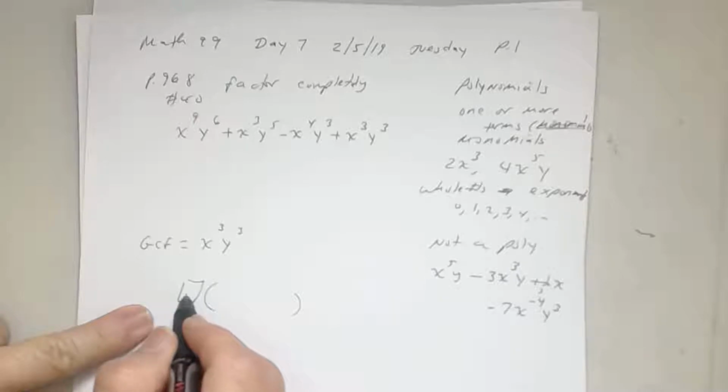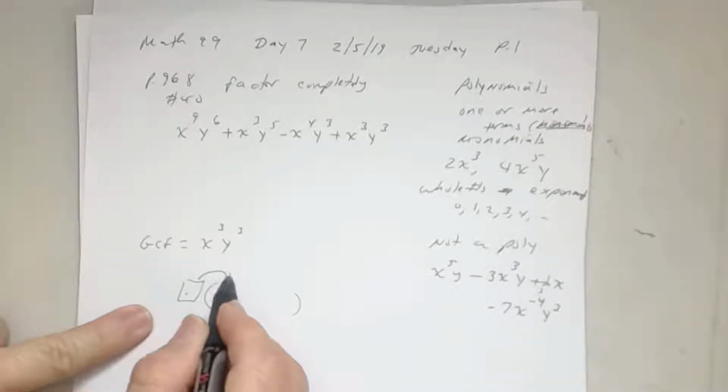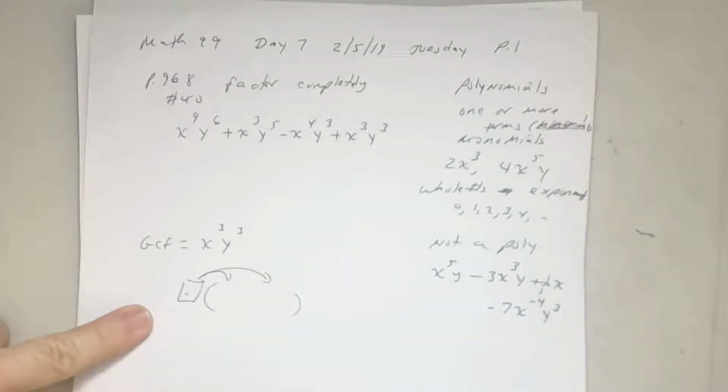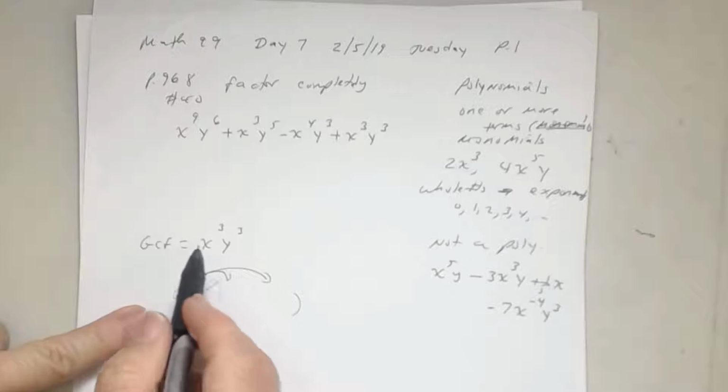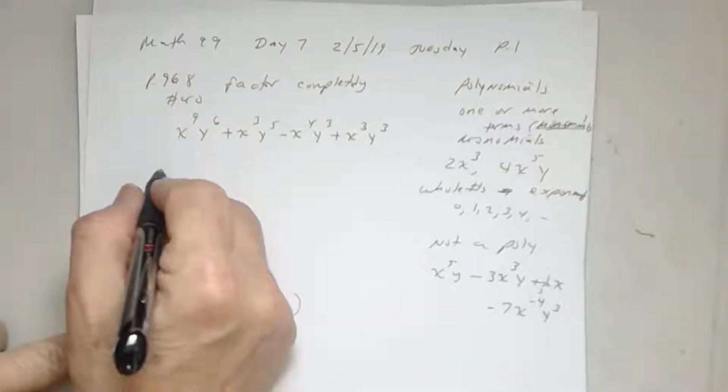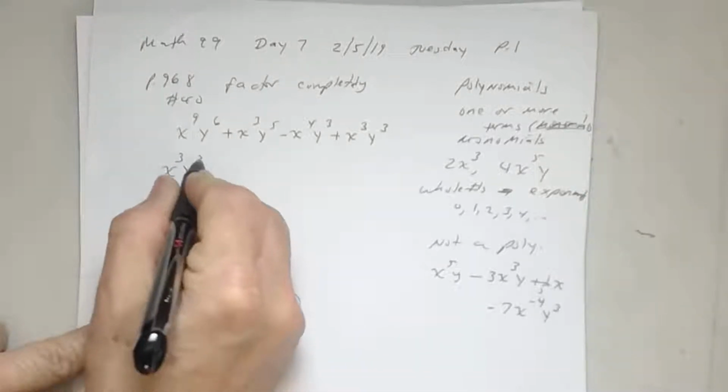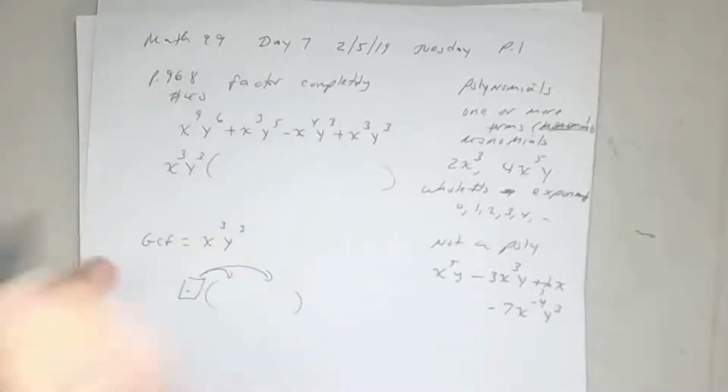That's where the GCF goes, because in your mind, you're thinking the distributive property, correct? So the GCF goes here out in front of the parentheses. So if my GCF is x cubed, y cubed, that goes in front. And then I'm going to have to fill in the parentheses based on the distributive property.